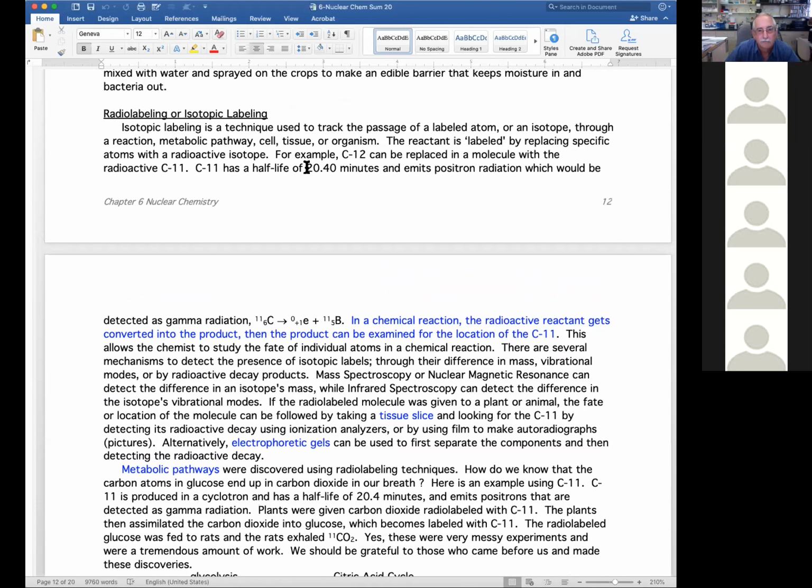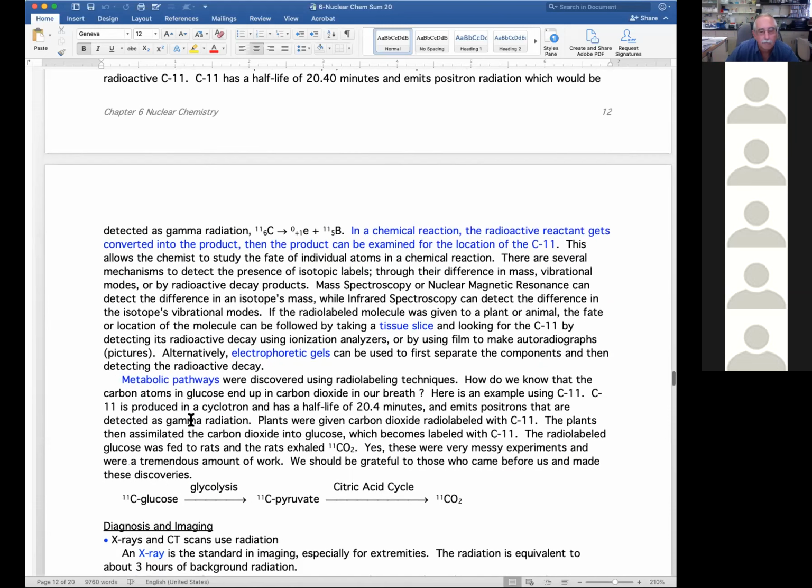Carbon-11 has a half-life of about 20 minutes. It emits positron radiation, which is then detected as gamma radiation. Okay, so you can measure the radioactivity coming from carbon-11. So what you can do is make a molecule like carbon dioxide with carbon-11.